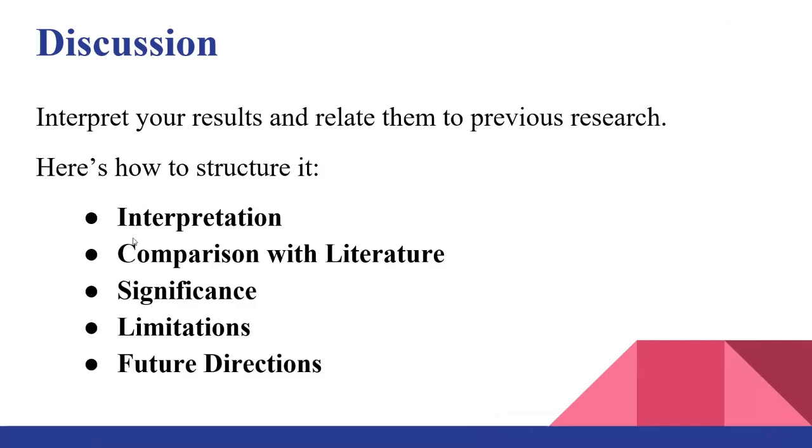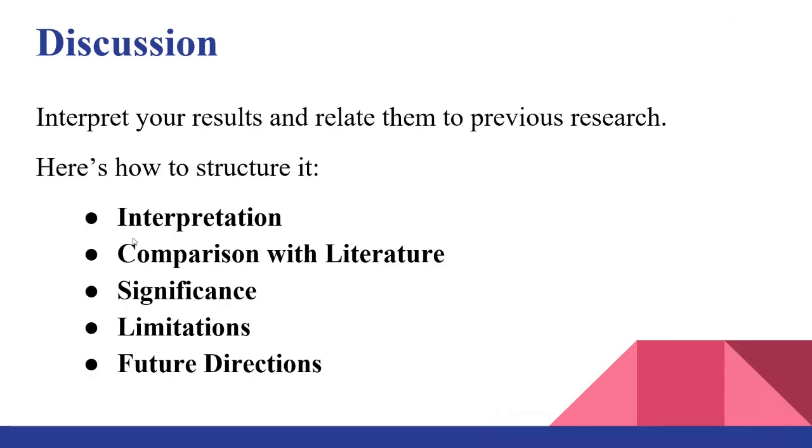Then the last part is discussion. In the discussion, interpret your results and relate them to previous research. Here we will see how to structure or organize the discussion. Discussion first includes interpretation, in which you summarize your key research findings and discuss how they support or challenge your hypothesis.